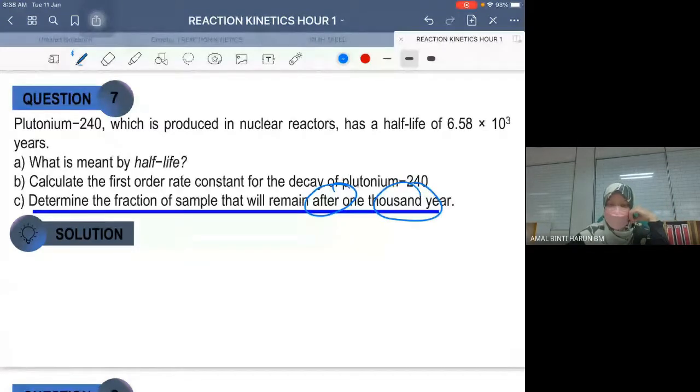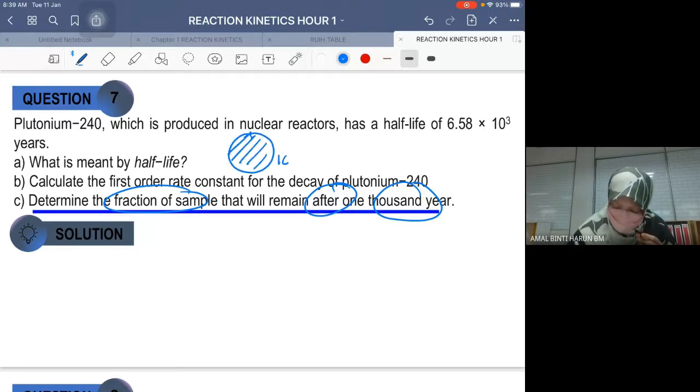Apakah yang menghubungkan initial concentration dengan final concentration? Lepas tu dia kata fraction of the sample kan. Okay, mestilah sebelum dia decay tu, dia adalah 100%.